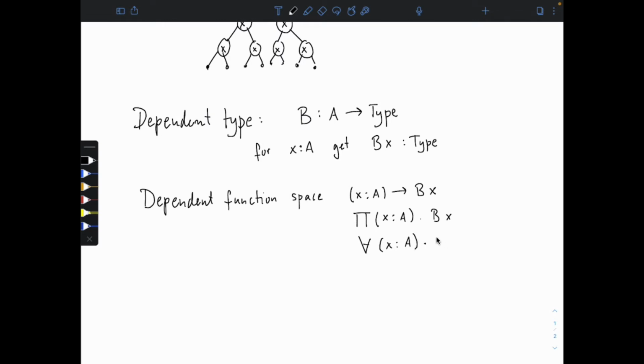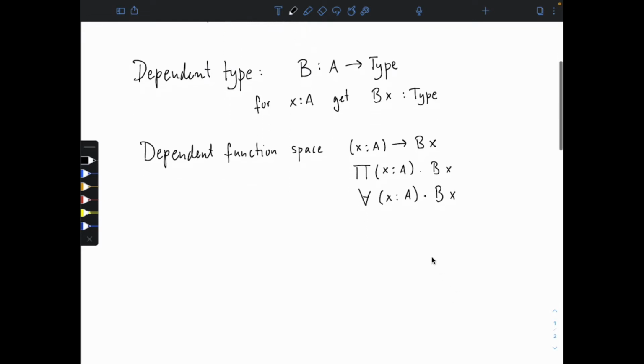But that doesn't mean it's logic. It means it's also logic, not just logic. What was this? Well, these were functions where each x in A, so an element of this type is a function which takes an element x in A and gives you an element in the type B of x. That's why it's called dependent function space. This is also called dependent product. And it's like the product of sets in set theory, Cartesian product of many sets.